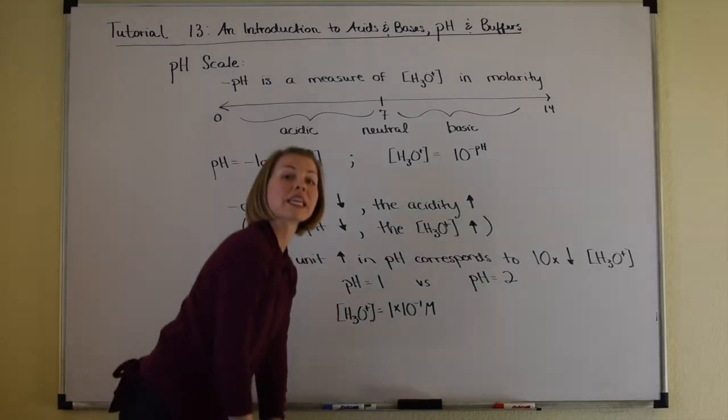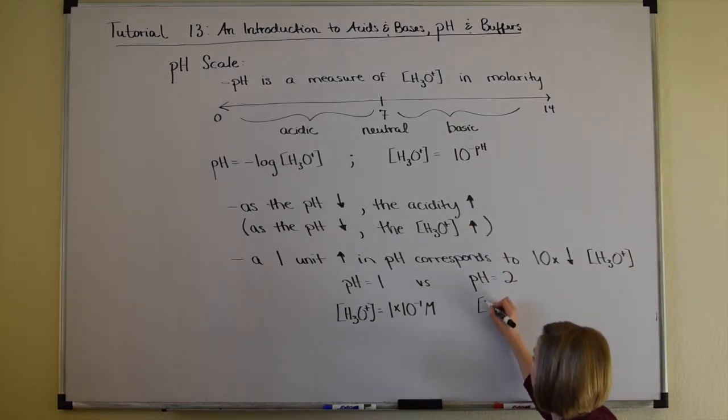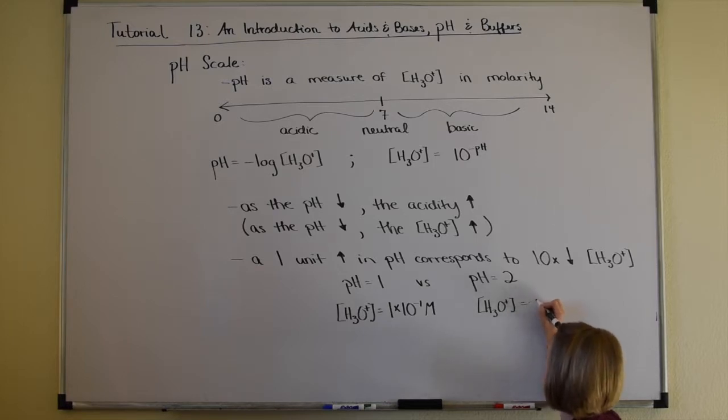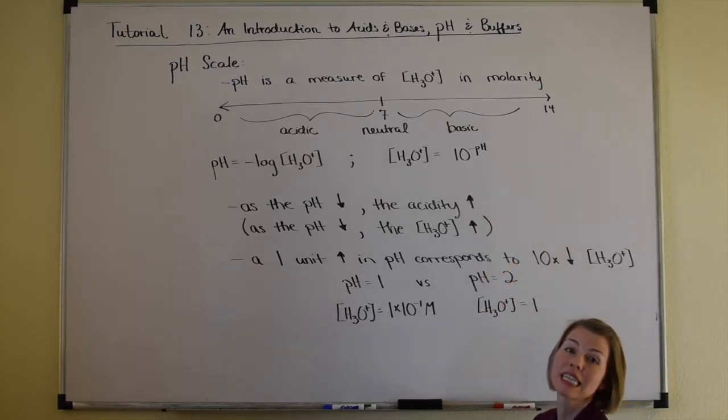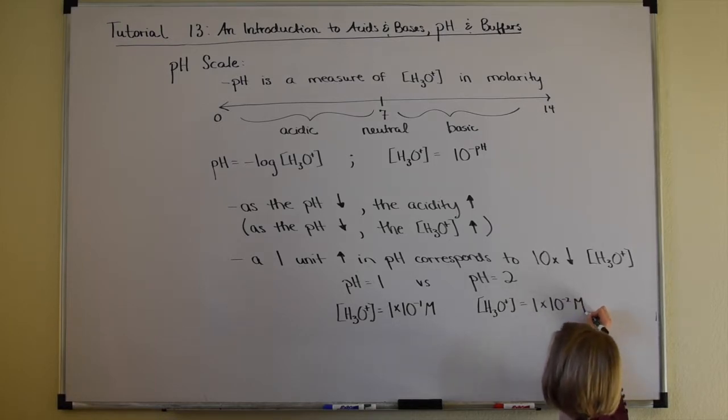For the solution with a pH of 2, the hydronium ion concentration will be equal to, again, 1 times 10 to the negative pH. So 1 times 10 to the negative 2 molar.